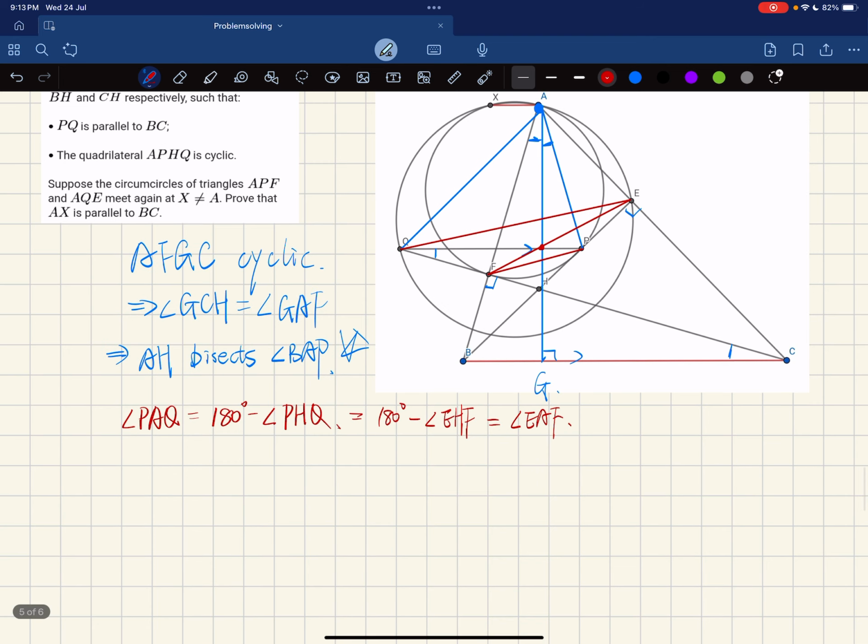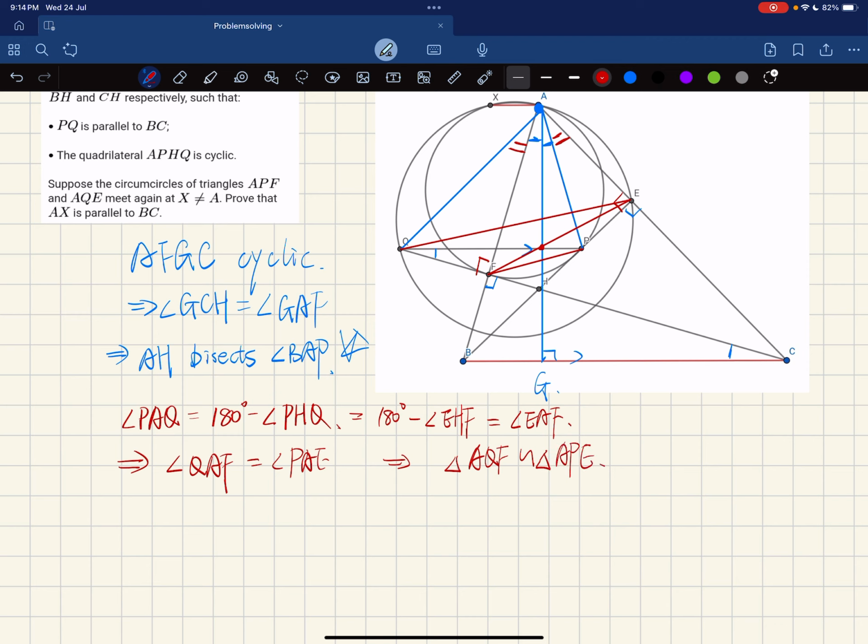So yeah, that's one important thing we can get. Adding the angle bisector, we can find that angle QAF equals angle PAE. Combined with these two 90 degrees, we can find that triangle AQF is similar to triangle APE.